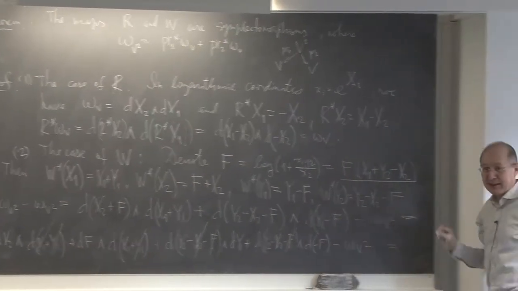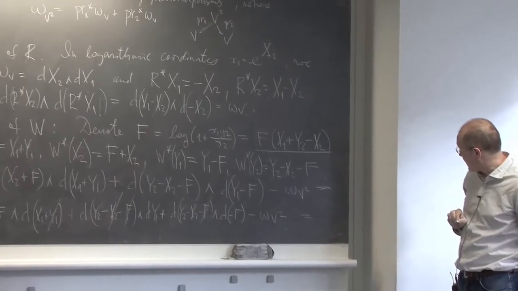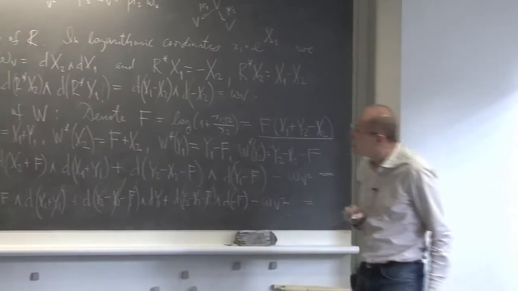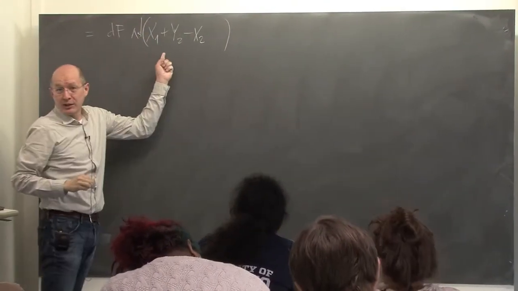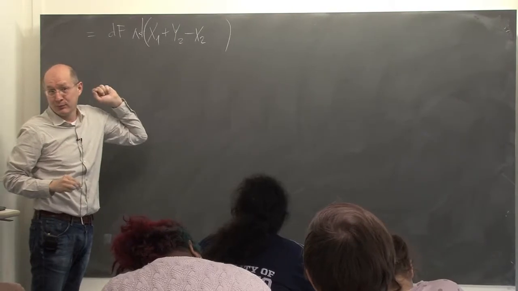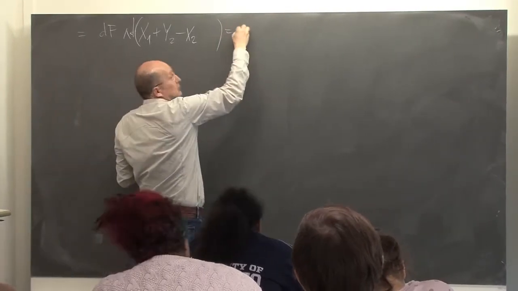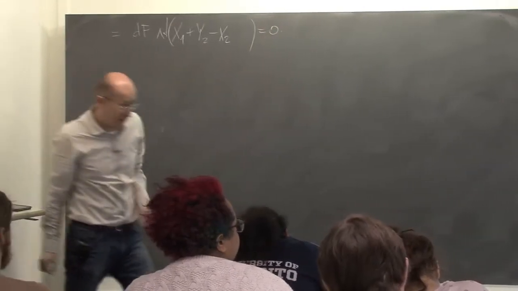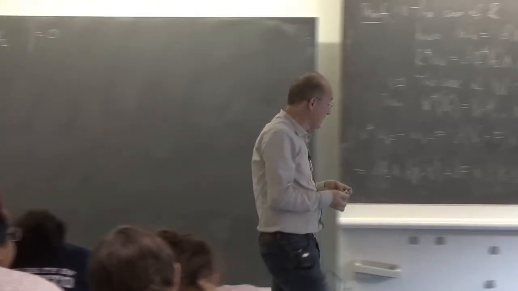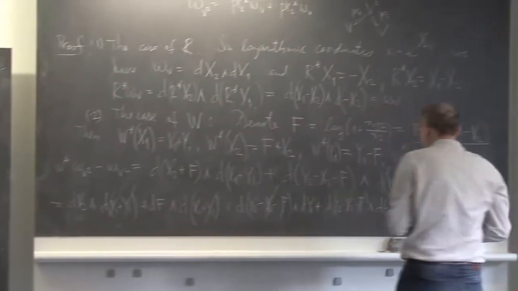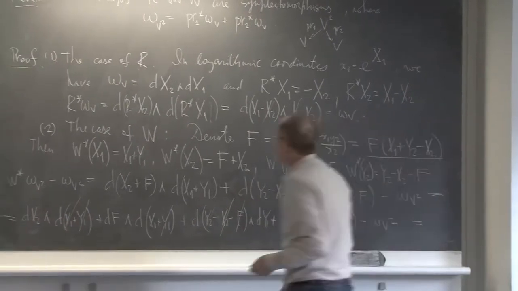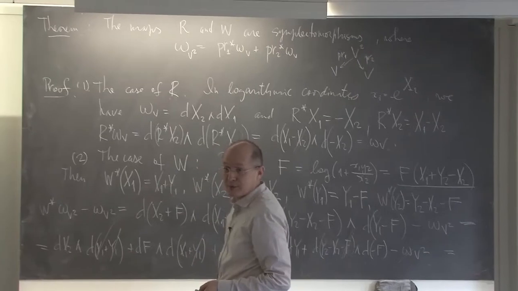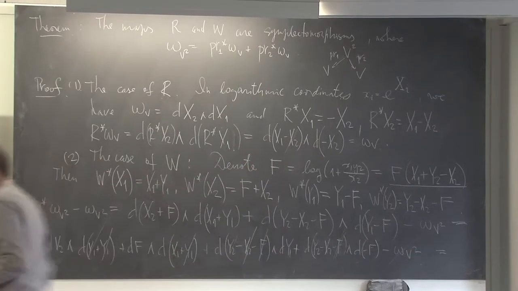So f is a function of x1 plus y2 minus x2. And you see that we are wedging df with the differential of that combination. So this is 0 by the antisymmetry. That's the proof. So it's not very difficult.